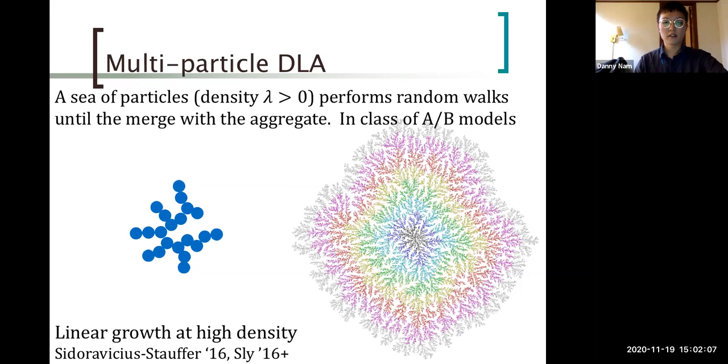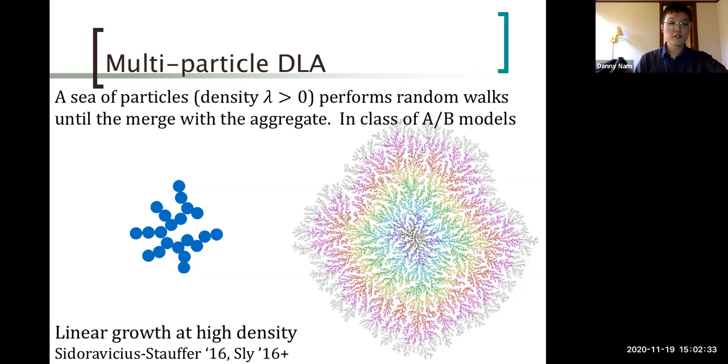so that the aggregate will grow faster. And an interesting thing about the model is that it shows a different behavior when the dimension is equal to 1 versus when the dimension is 2 or higher. In the latter case, when the dimension is 2 or higher, it's conjectured that regardless of the density lambda, the diameter of the aggregate will always grow linearly in time.